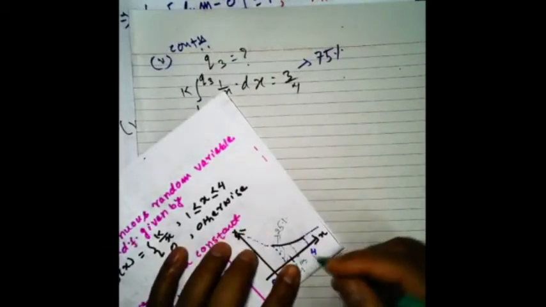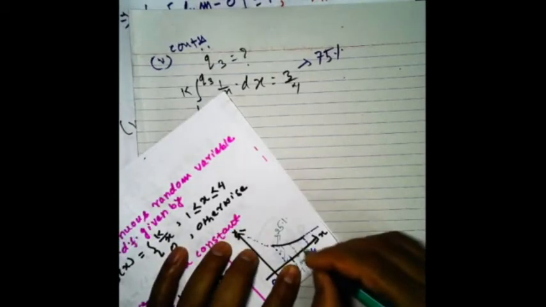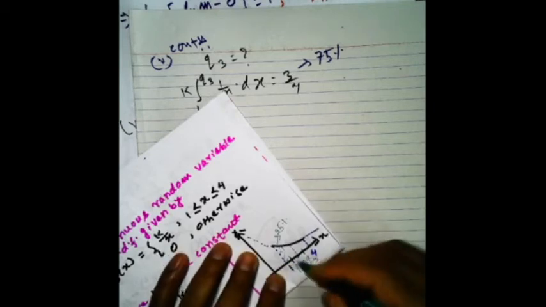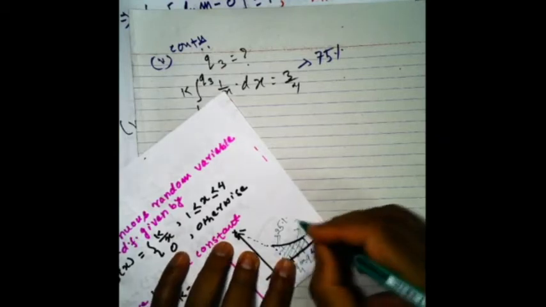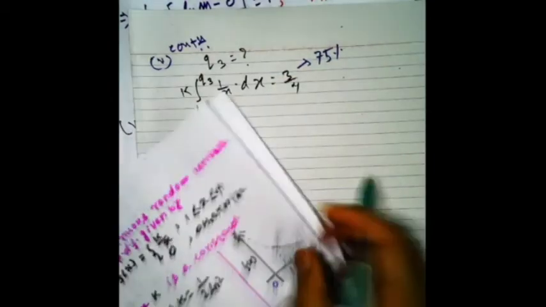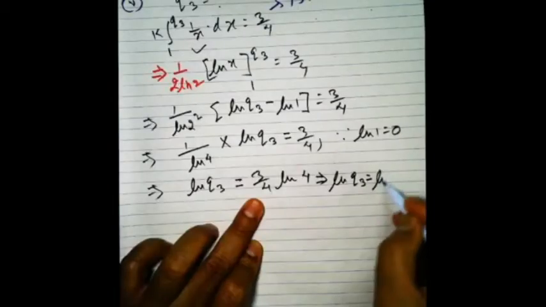If you look at this graph, q3 lies between m and 4. So q3 is here exactly at the center of m and 4. This is value q3, and the area up to q3 would be 75%, which if you convert to a fraction is 3 over 4 ln 4.